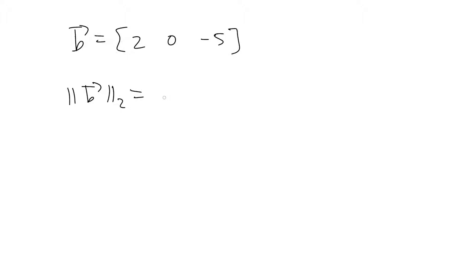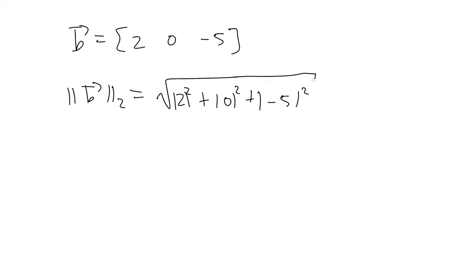All right, so let's go back to our original example here, which I've forgotten what it was, so actually we won't do that. We'll just use our current example here, which is 2, 0, negative 5. Okay, so one thing we might do is take the L2 norm, which is going to be the square root of the sum of the squares, but we'll take absolute values just to be safe. And we can figure out what that answer is, right?